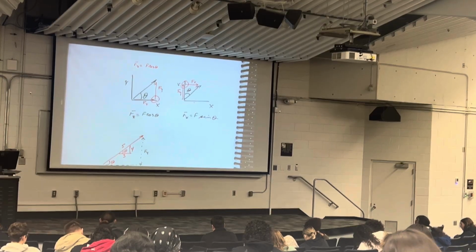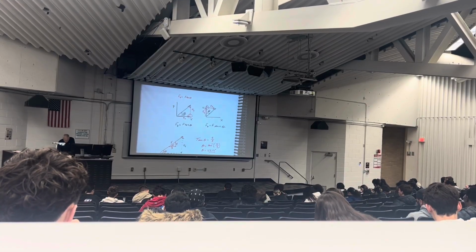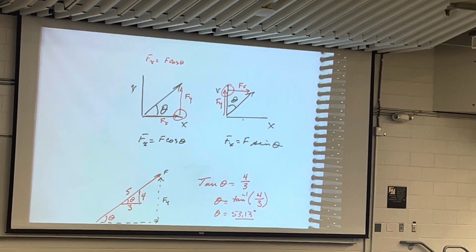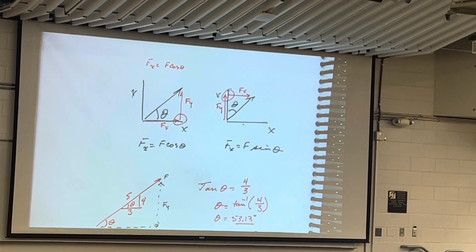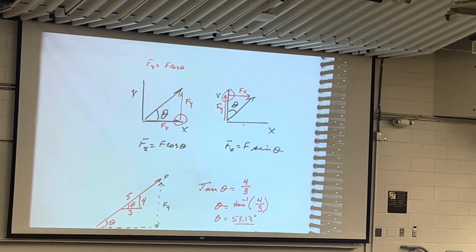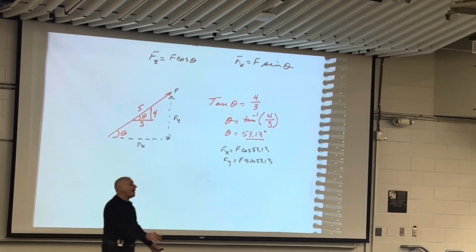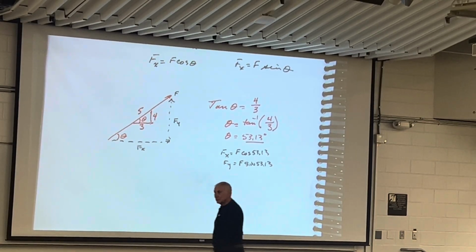So I can say, hey, normal, Fx is equal to F cosine of 53.13, Fy is equal to F sine of 53.13. Agreed? Done. I have the components. That's one way to do it.